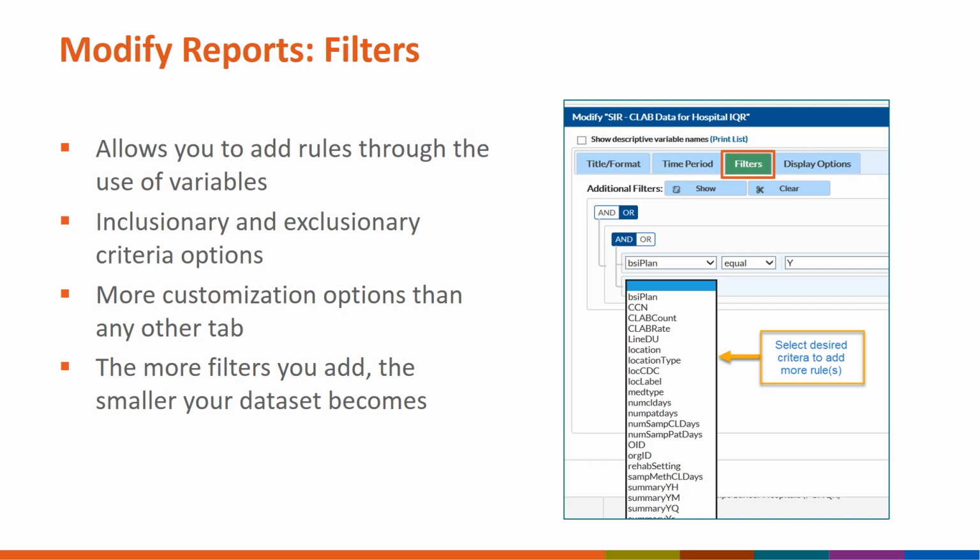Of all the tabs, this is where the heart of customization lies, because there are a variety of variables that can be utilized to customize your report. Keep in mind that the more filters you add, the less output you will also have, because each additional rule narrows down your data.